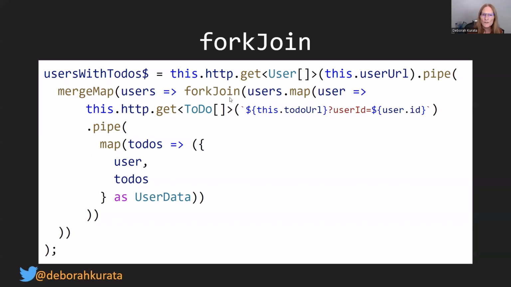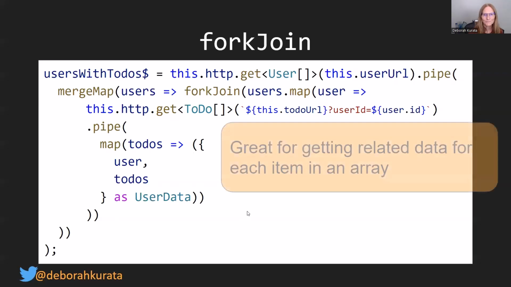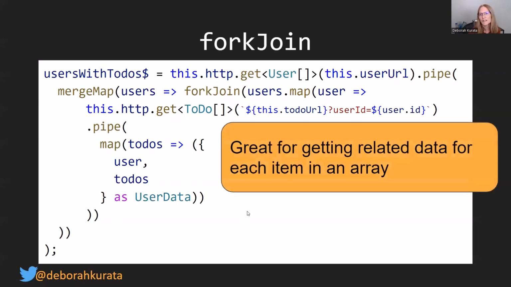We can use a fork join in this case because what it's going to do is emit every time that these have both completed. So I've gotten the user and their to-dos. Then I go get the next user and their to-dos and so on. Okay, so this is great for getting related data for each item in an array.